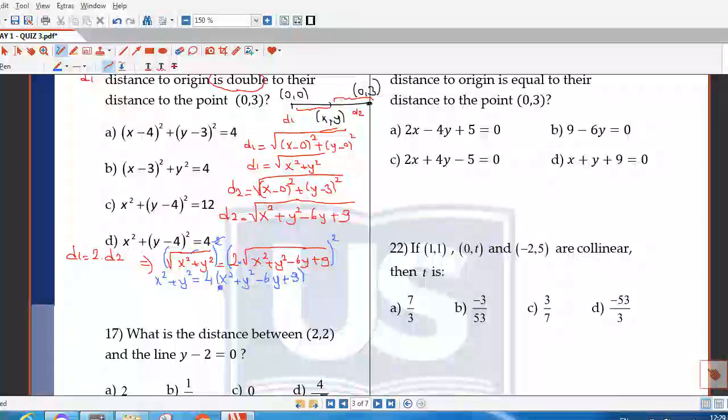Of course, to solve this I have to multiply each term by 4. Keep this x squared plus y squared is equal to 4x to the power of 2 plus 4y to the power of 2. 4 times minus 6y becomes minus 24y plus 36.